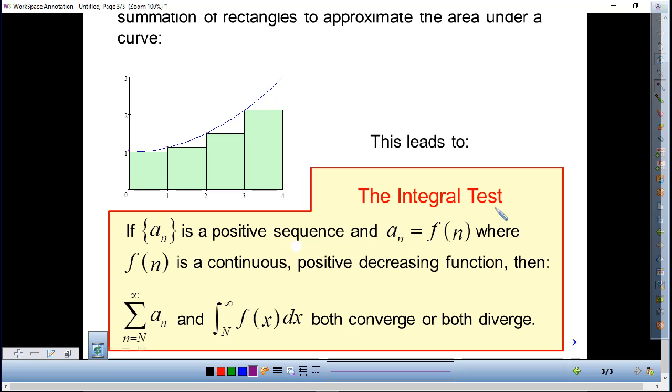So you can actually use a function defined by your a sub n and take its integral, and if that integral does not go to infinity, in other words, if it actually approaches a value, then that means that your series of a sub n will also converge.